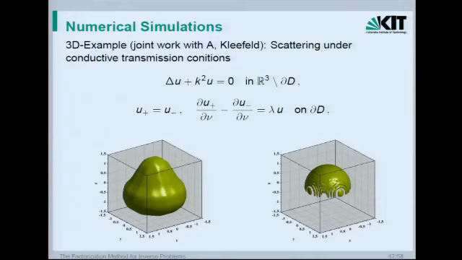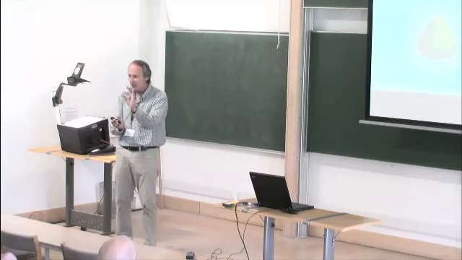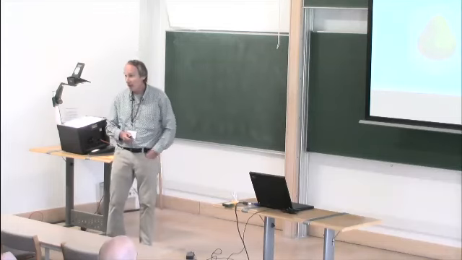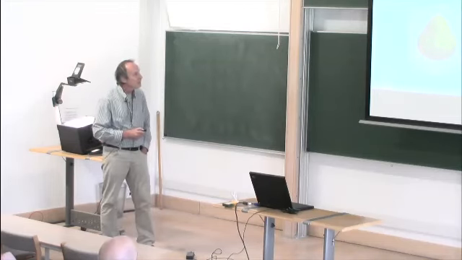So you have the Helmholtz equation inside and outside. You have the Dirichlet data coincide from inside and outside. And the Neumann data, yeah, they jump, and the jump is proportional to u on the boundary. So these are called conductive boundary conditions, modeled if you have a very thin layer on top of the obstacle with high conductivity, then this is modeled by that equation.